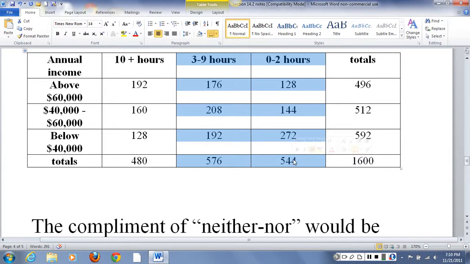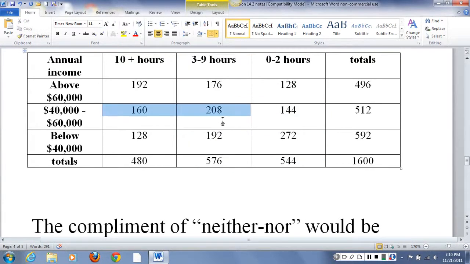Everything that's not above 60,000 is all these right here. Then we want both. We want neither above 60,000. So we're starting with considering all these possibilities, or really I should say these. In addition to that, we don't want anything 10 plus hours, so we've got to get rid of those. So we're focusing on these right in here.